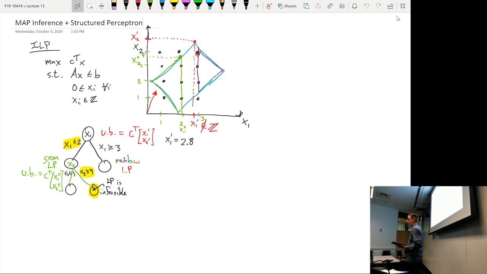So eventually, if you subdivide on every variable all the way down, you would get back a bunch of LPs that are restricted to individual points. So once you have either an integer solution at one of the LP relaxations or one of those individual points, then you can know that for that particular subtree, the local upper bound and the local lower bound are equal.